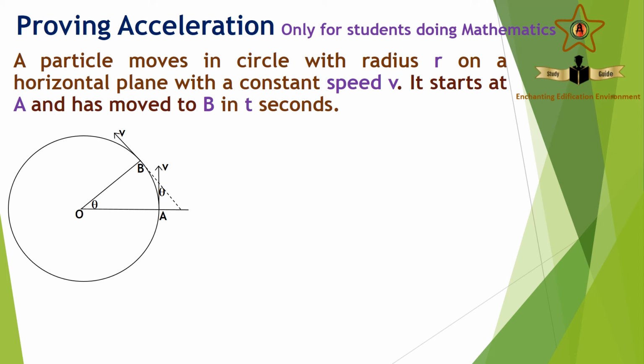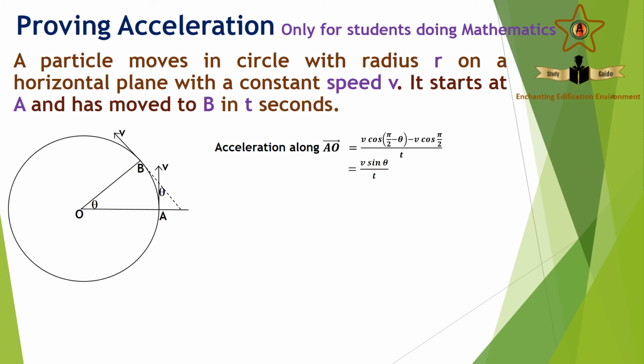Theta is the angle this particle has rotated. Since radius and the tangent are perpendicular, we get another theta which is outside the circle. Acceleration along AO is v cos(pi over 2 minus theta) minus v cos(pi over 2), divided by t. Now cos(pi over 2 minus theta) is sin theta and cos(pi over 2) is 0.